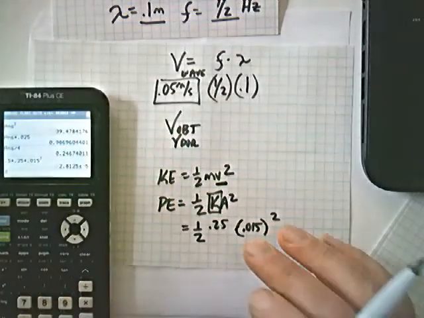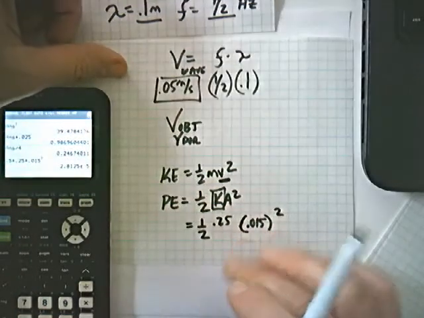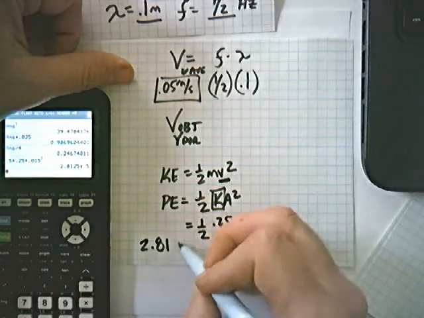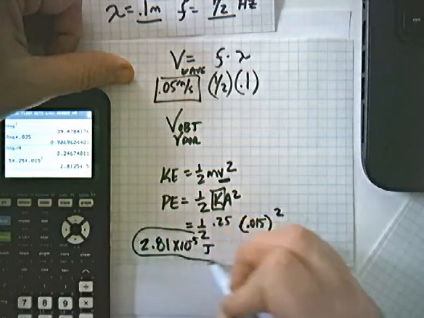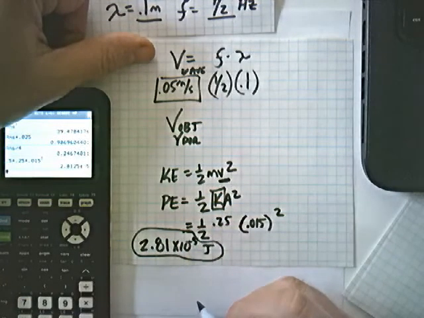This is pretty typical for these things that have small spring constants. So the amount of joules for this problem is really small, 2.81 times 10 to the negative 5th joules. Not very much at all, really. Small object though, right? Keep that in mind.